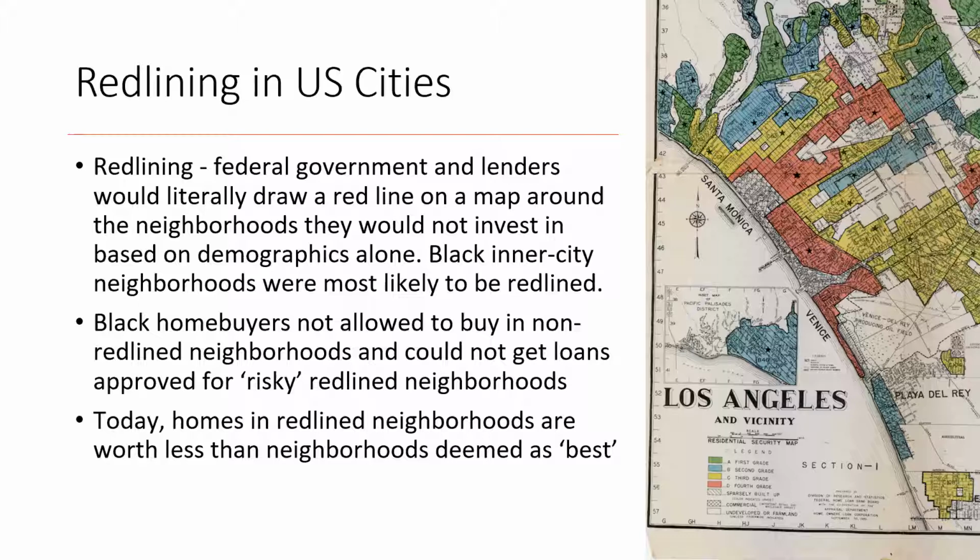They have less value than neighborhoods deemed best. And of course, home ownership is one of the biggest pathways to upward economic mobility. So if you're not allowed to buy in the good neighborhoods and you can't get a loan in the risky neighborhood, then your path to home ownership is limited.